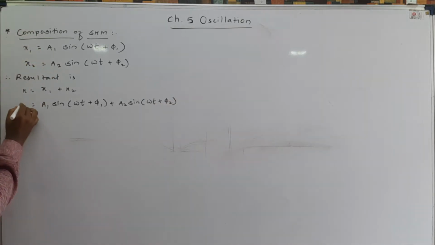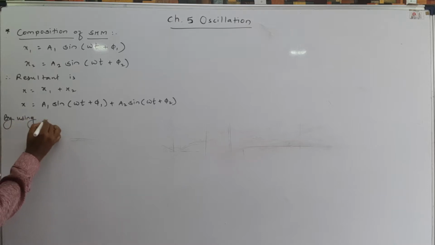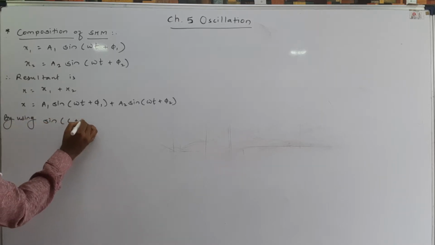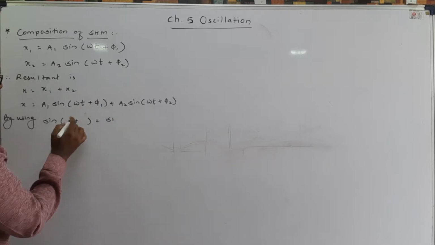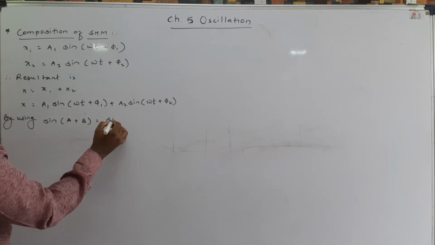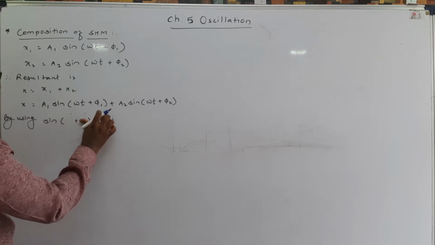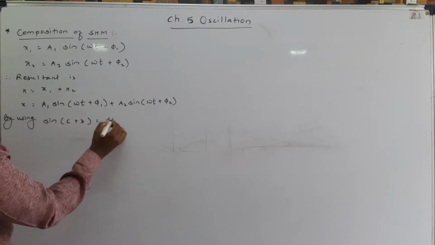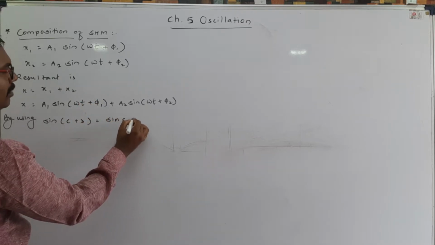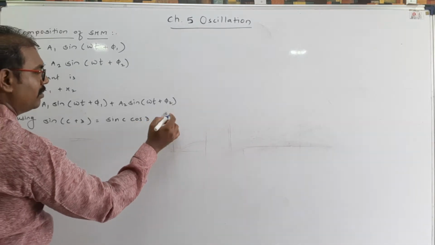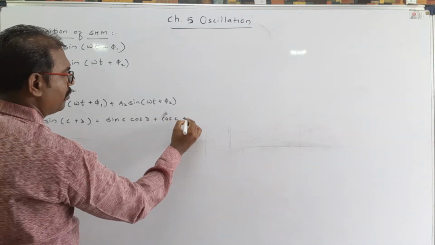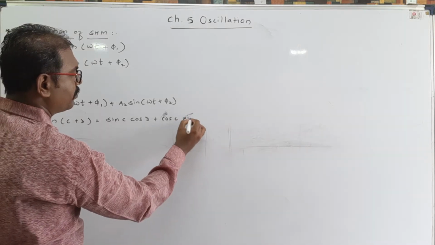Now we have to use a formula. Let me tell you the formula: sin of (C plus D) is equal to sin C cos D plus cos C sin D.